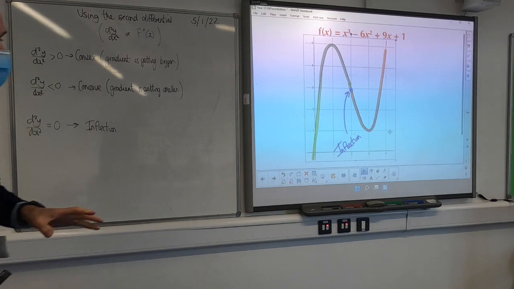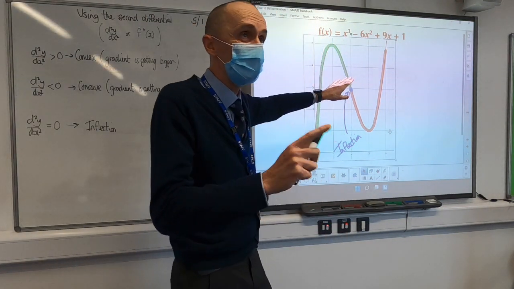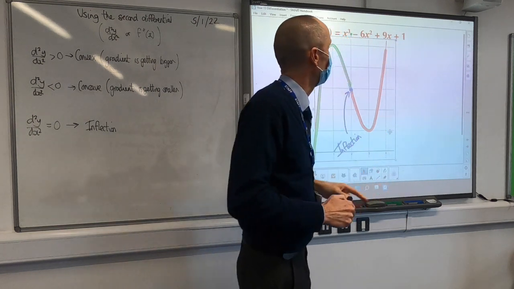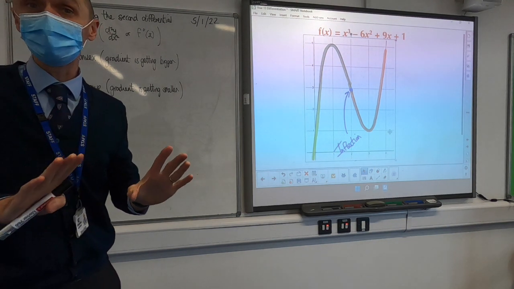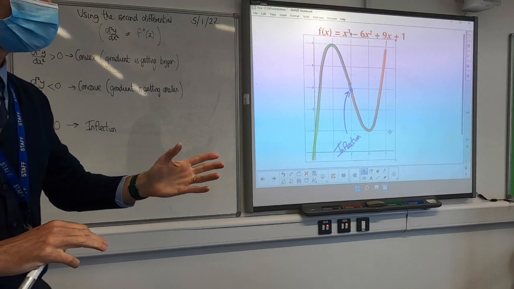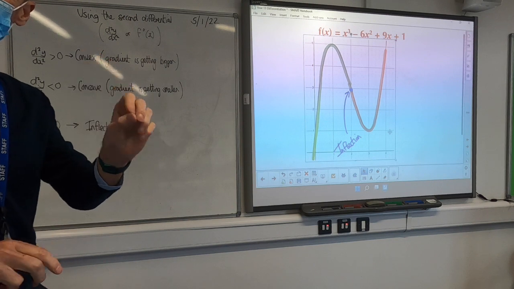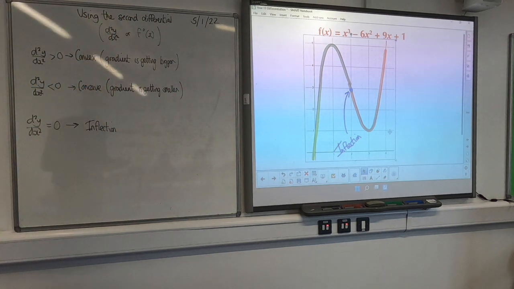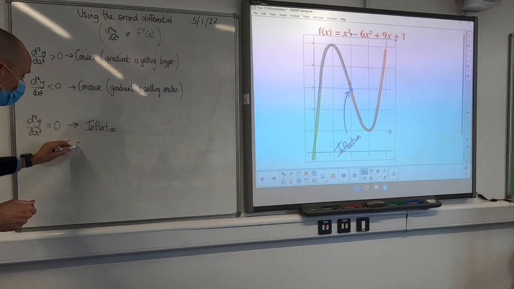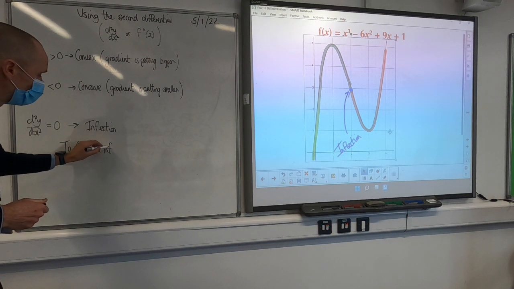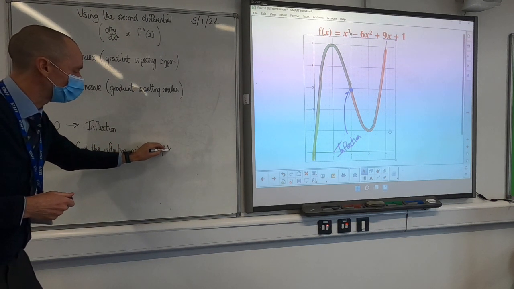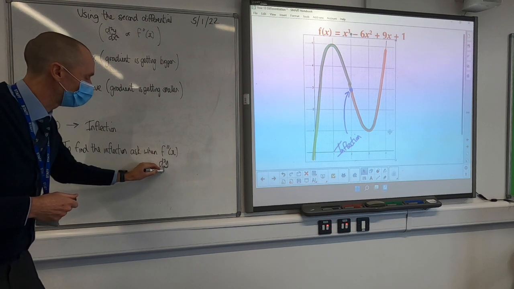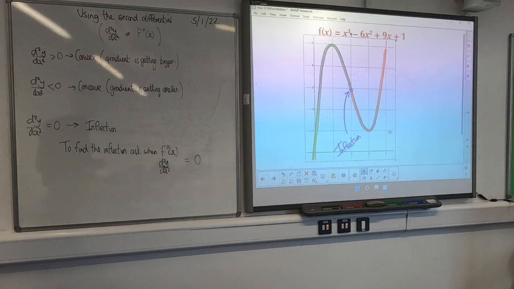So should we just check? I mean, it looks like it's around 2. Let's just see if we can find it exactly for that curve. So we're going to differentiate it once. Well, we've already done that. Not going to worry about turning points. We're going to differentiate it again. Already done that. 6x minus 12. Ask, when does that equal 0? So we're not looking for turning points now. So to find an inflection, ask when f double dash of x or d2y by dx squared equals 0. And just do it for that.